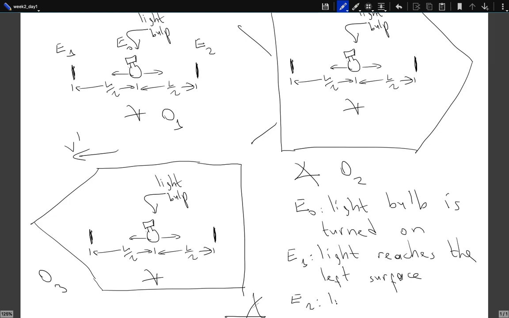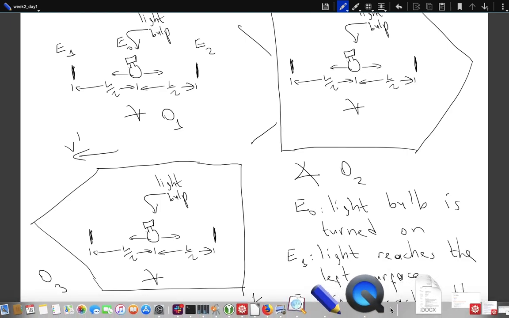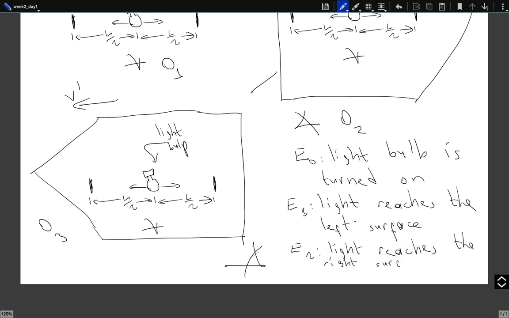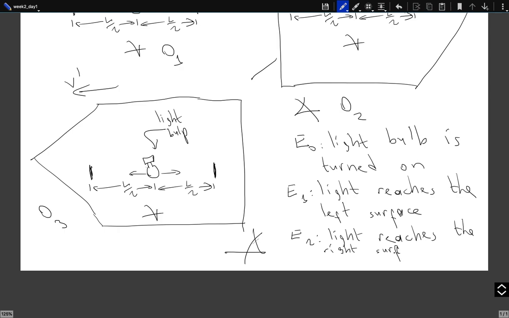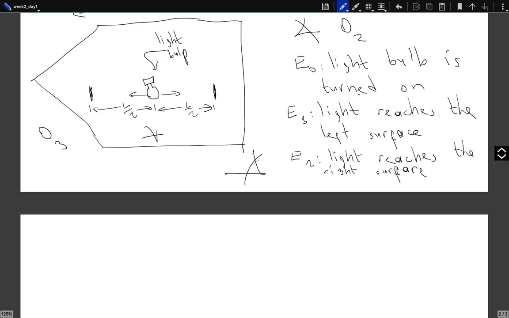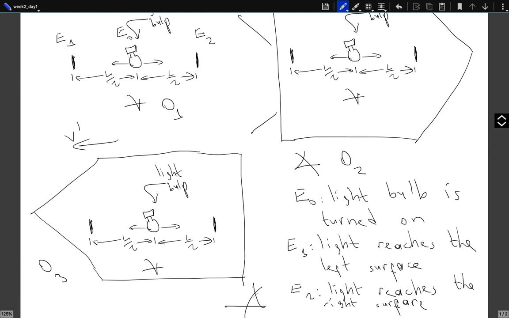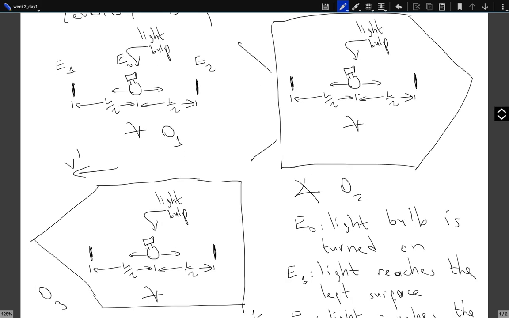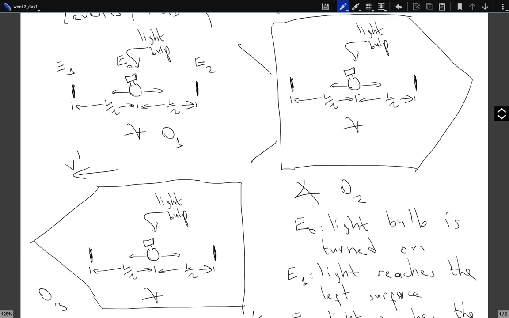Event 2, light reaches the right surface. Now, for all observers, event 0 happens first. First, the light bulb is turned on.